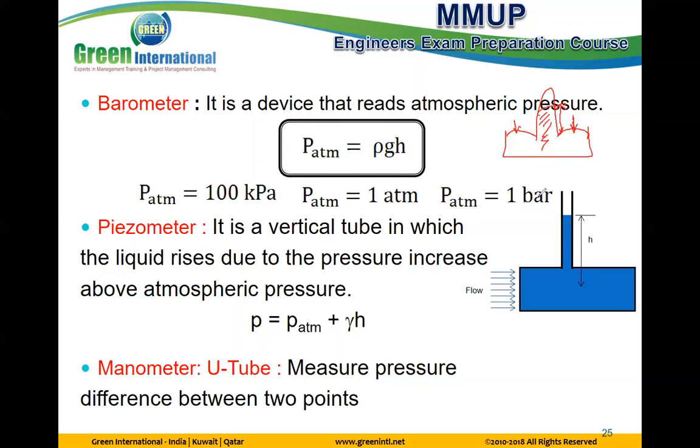And atmospheric pressure is normally 100 kilopascal, 1 atmosphere, 1 bar, and one important unit related to this experiment itself: 760 millimeter mercury. Do you remember this value? Why mercury? Because mercury is very dense, and if I used water, the column would be very high. So 760 millimeter mercury.